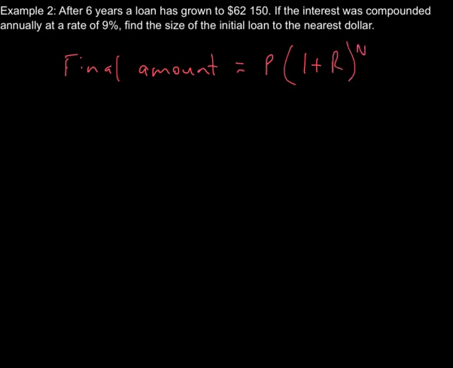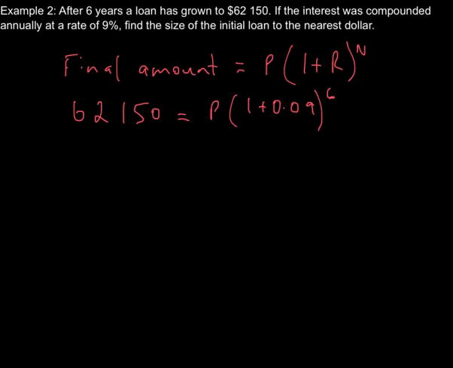The final amount is $62,150. We don't know the principal. We know the rate, 0.09, and the number of terms was 6.